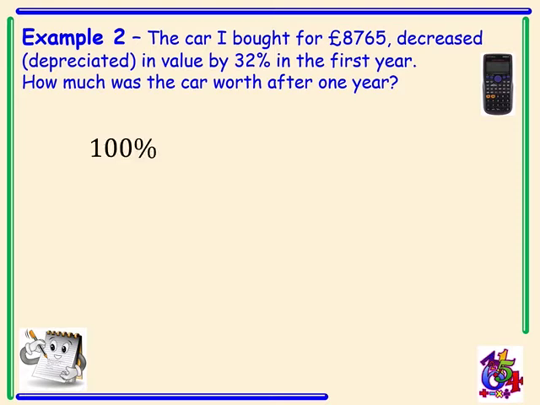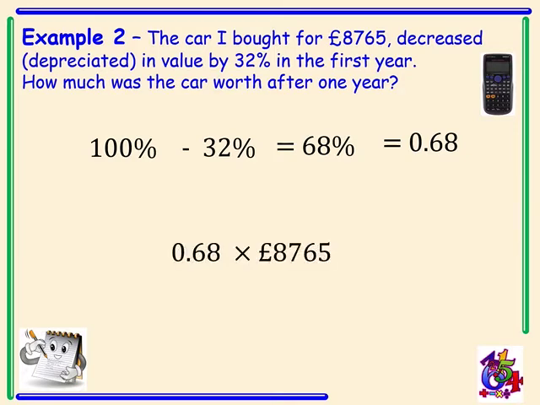This time, because it's a decrease, I subtract my 32 to leave me with 68%. To put 68% in a calculator, I divide by 100 and I get 0.68 as a decimal. So 0.68 multiplied by 8,765 tells me that the car will be worth £5,960.20 after 1 year.